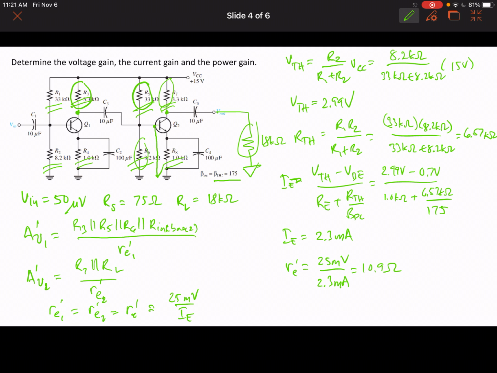Okay, so now that we know RE prime, the next step is to determine the input base resistance at point 2, or at circuit 2, and also the effective collector resistance at Q2.